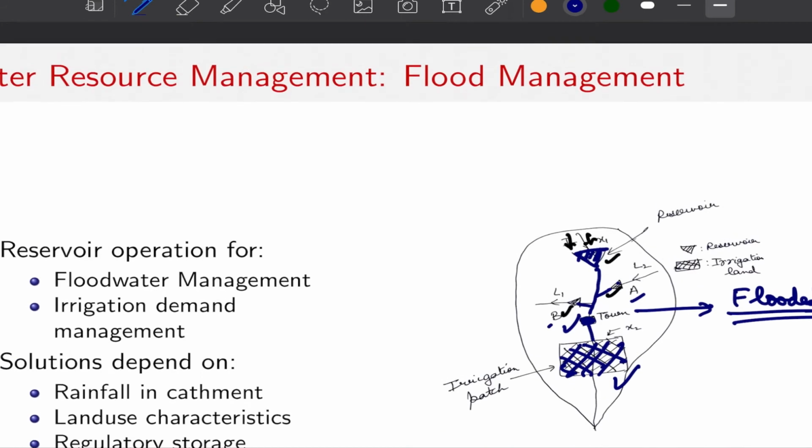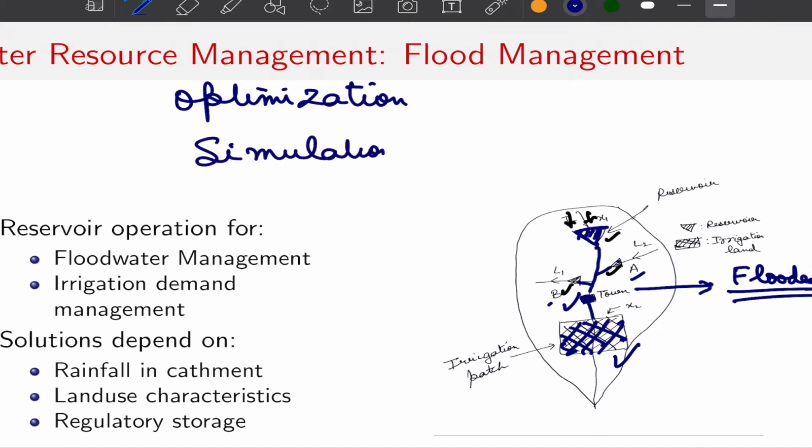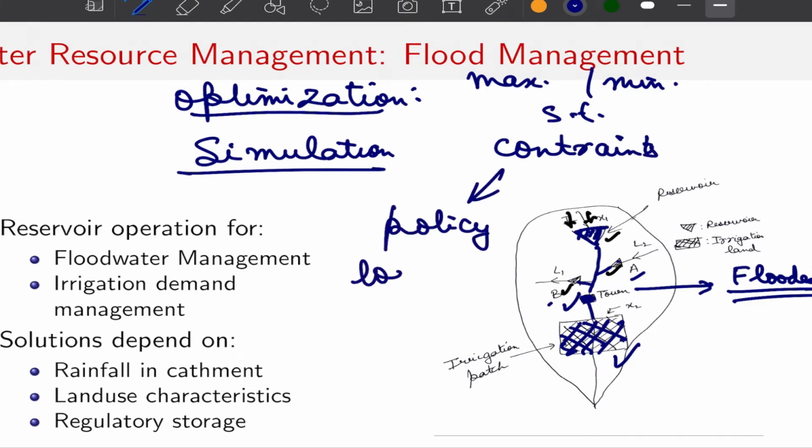Also, there we will be dealing with two kinds of approaches. One would be optimization and another would be simulation. What we want to do in optimization is frame this question as a maximize or minimize problem subject to certain constraints, which are often governed by the policy or logistics that we are dealing with.